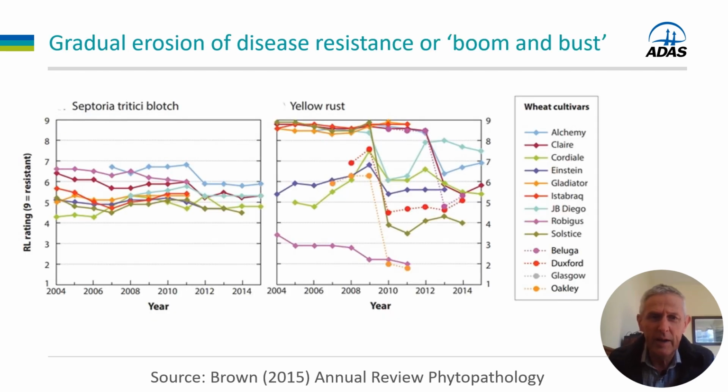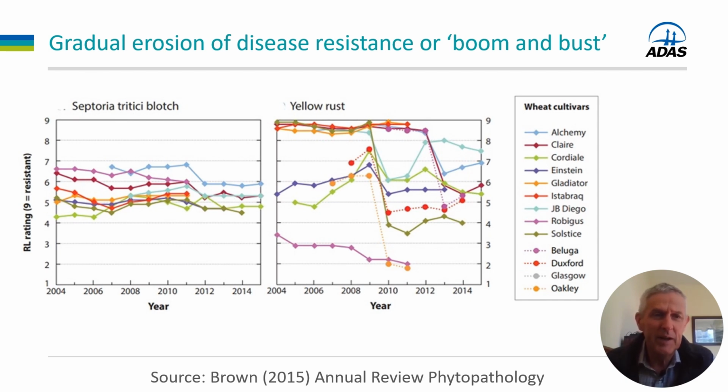If we look at how that manifests itself in practice, we have two contrasting examples. On the left we have Septoria tritici blotch, and on the right we have yellow rust. In both cases, this is AHDB recommended list data showing the recommended list resistance rating against each disease on a scale of 1 to 9.